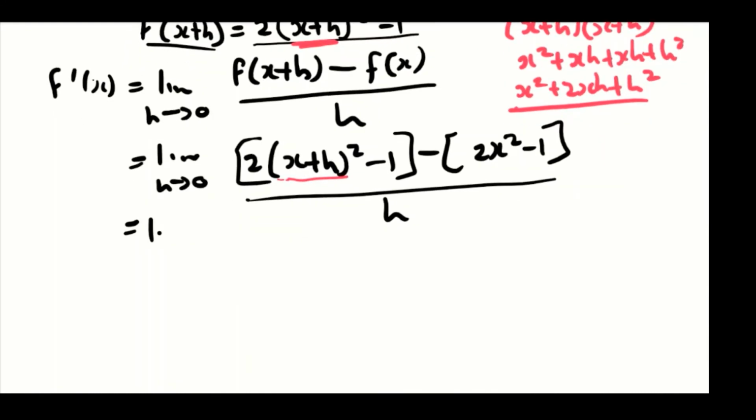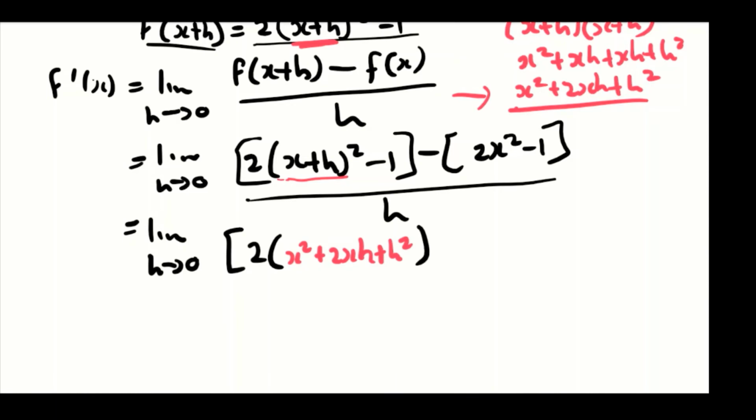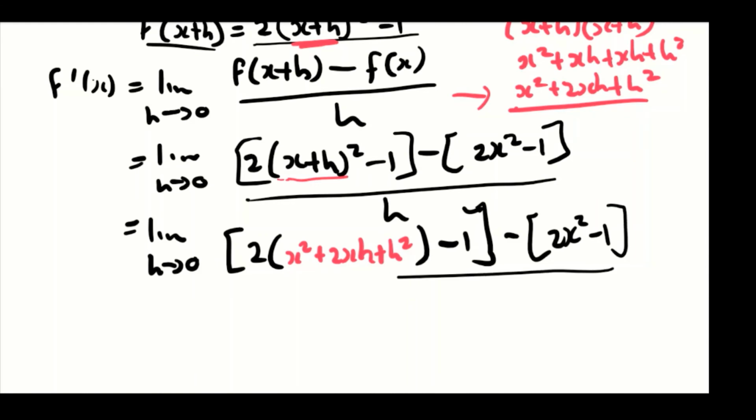We have the limit as h approaches 0 of 2 into x squared plus 2xh plus h squared, and we close the bracket, and then minus 1, and close this bracket, minus 2x squared minus 1, divided by h.